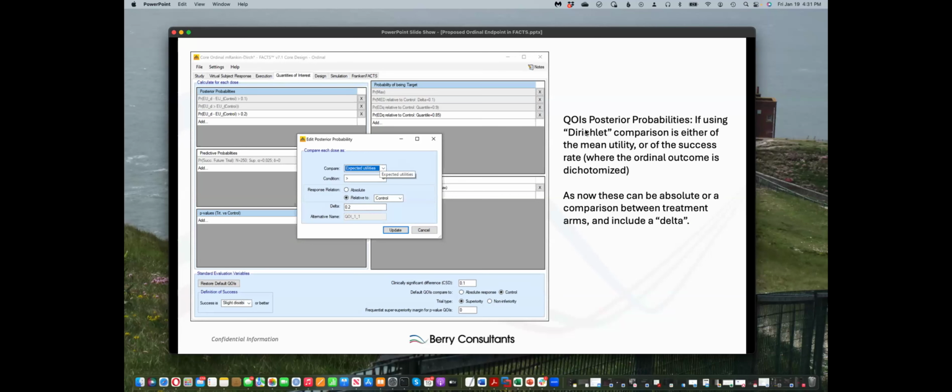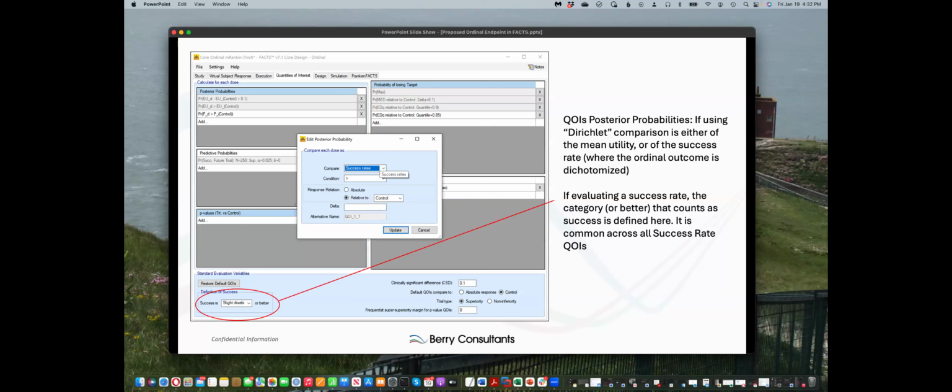If you're using the Dirichlet model, then there'll be two forms of Bayesian posterior probability. The first one is the one using the expected utilities. And the second uses the success rates, the dichotomized version, where you can specify on the bottom of the QI tab the category that counts as success.